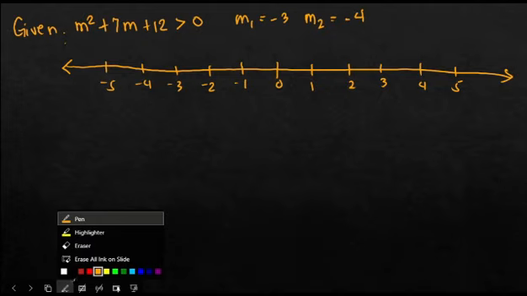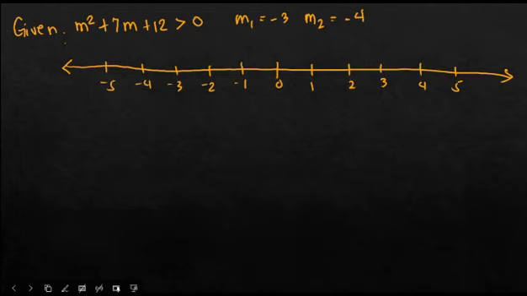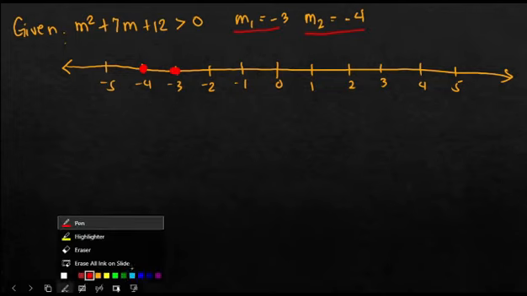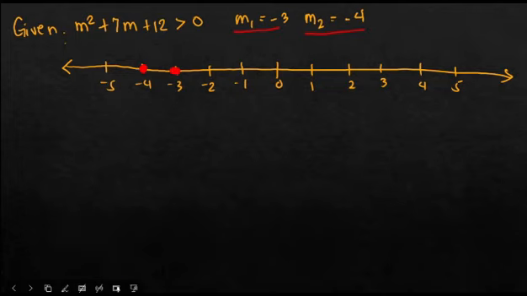And then the first thing that we need to plot here are the solutions of m, negative 3 and negative 4. So let's plot them on the number line. So we have negative 3 and negative 4. And then it will have two parts, to the right and to the left.